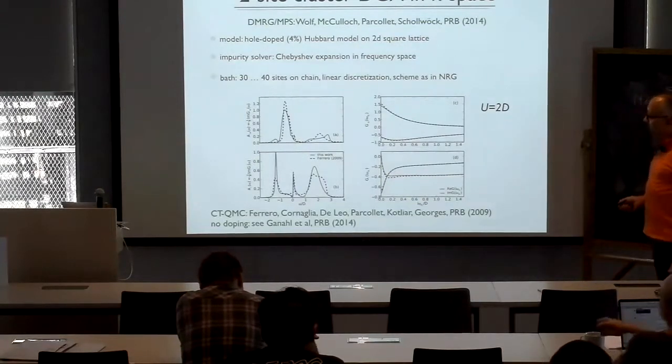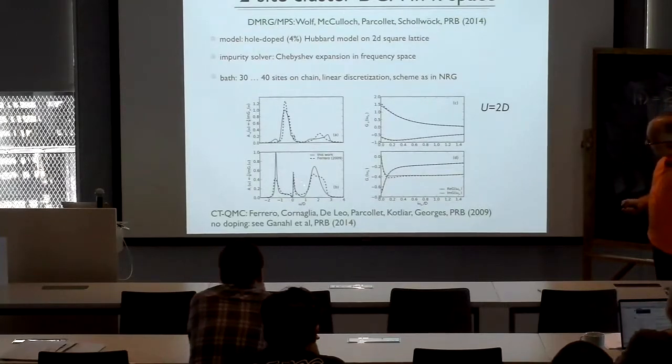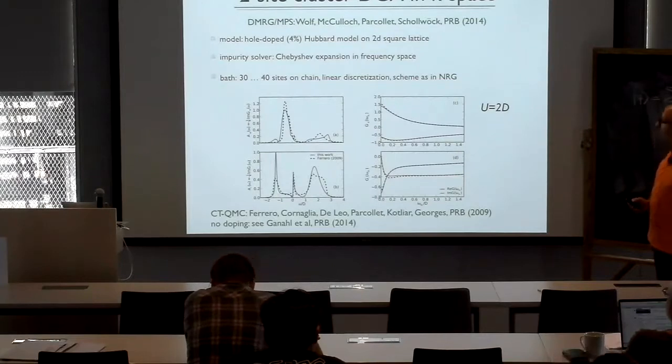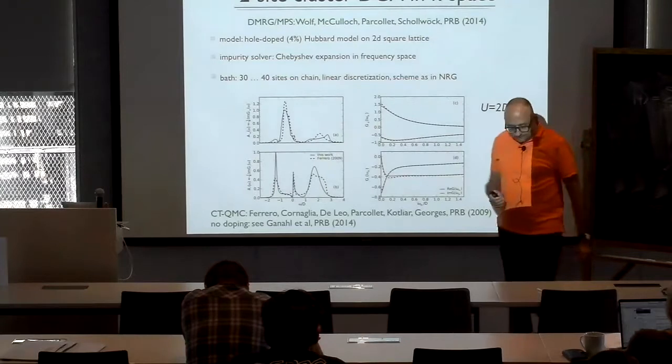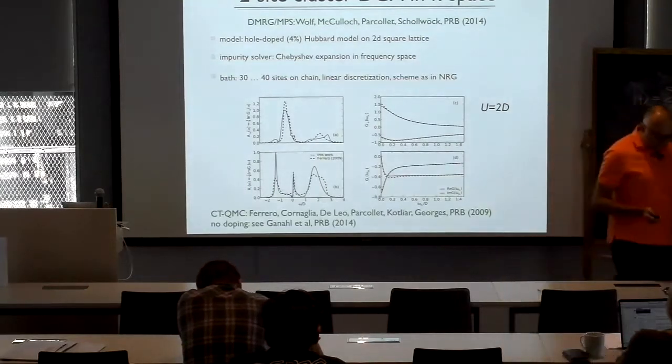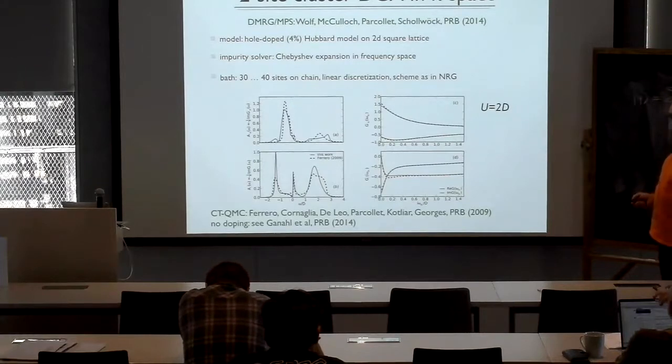You see both have the same features, like the pseudogap here, and the same peaks, but the CTQMC feature is not as nice as the probably really correct one. So you see the method is valid, and probably it's better than what can be done with CTQMC at that point on the real axis. On the imaginary axis, we do not really have an advantage.